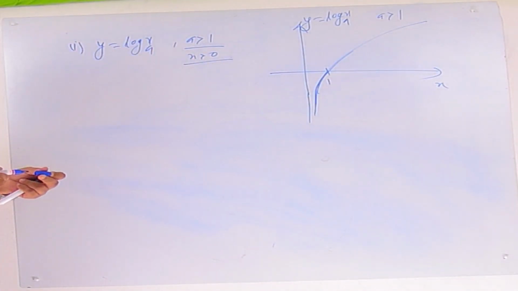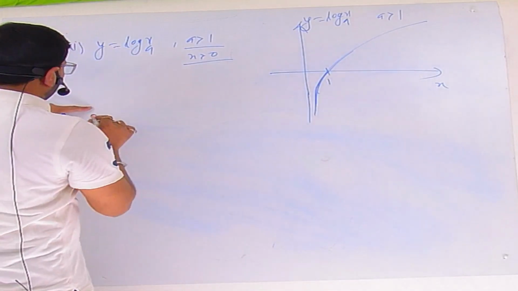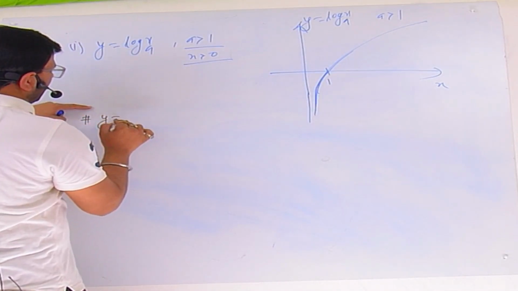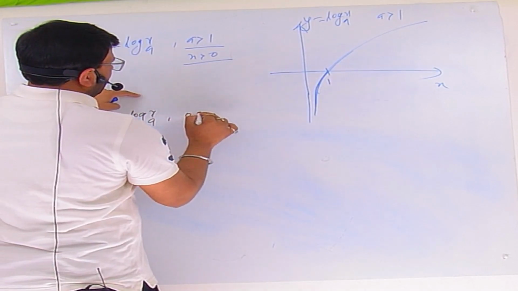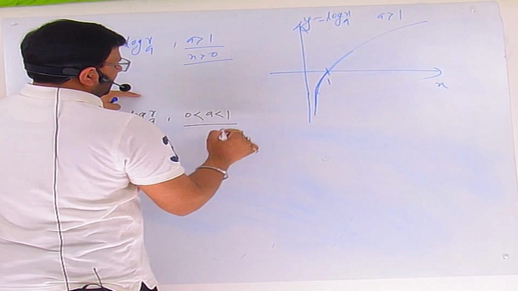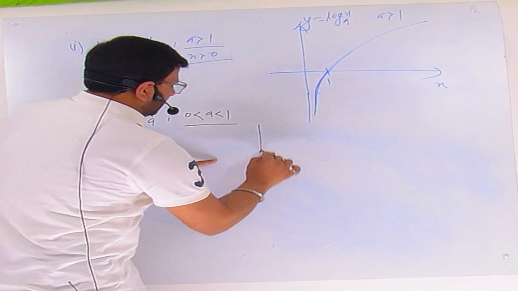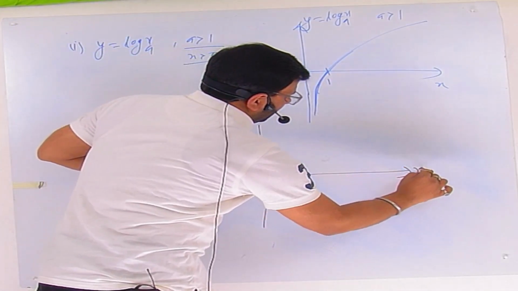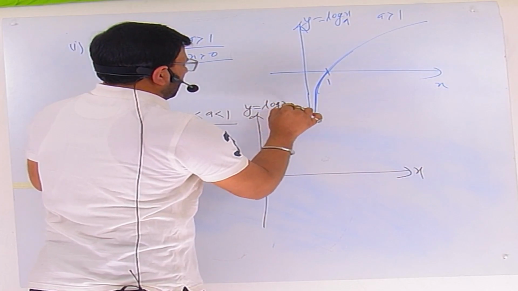Now tell me, if base is less than 1. If y is equal to log x base a, this time I am writing base greater than 0 but less than 1. So what will be the graph of the log function? Again I am drawing the graph of y is equal to log x base a.